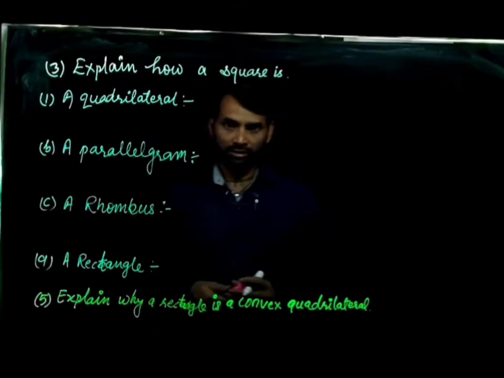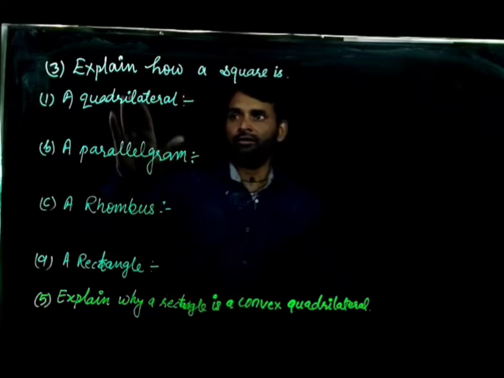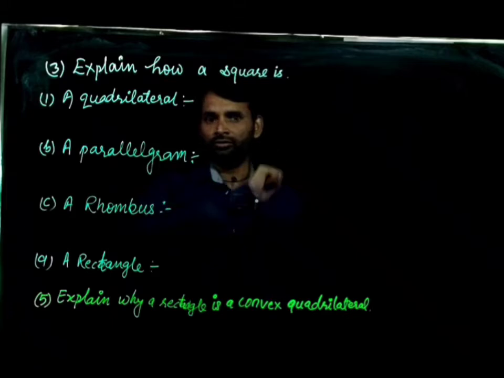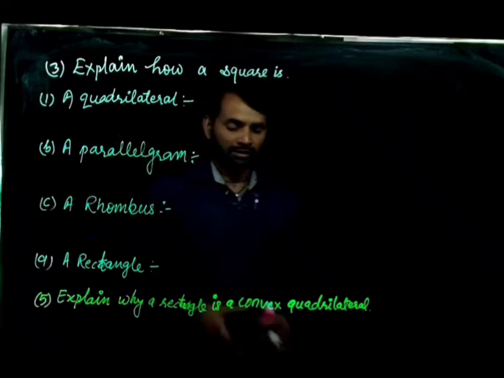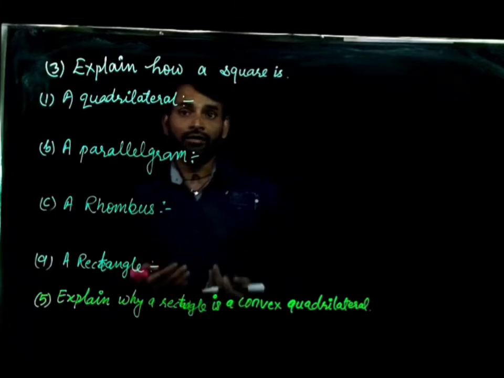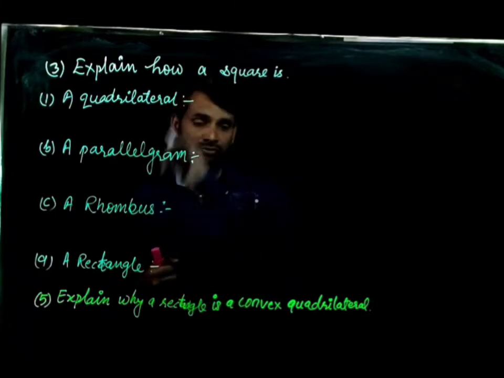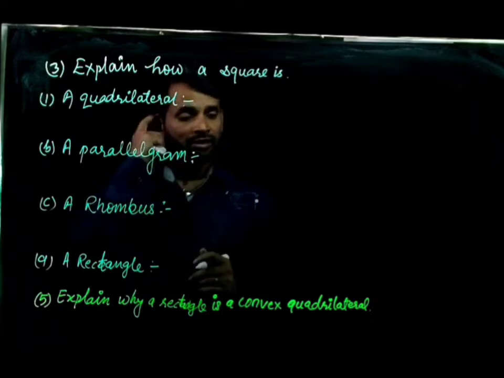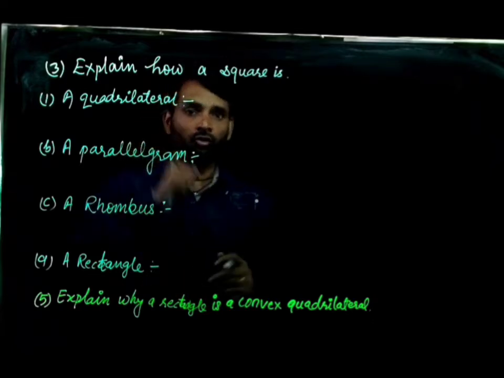Now question number 3: explain how a square is a quadrilateral. A square is a quadrilateral because it has 4 sides.